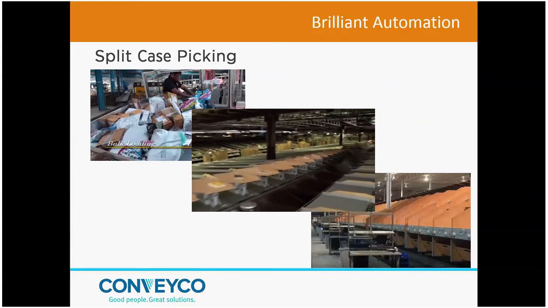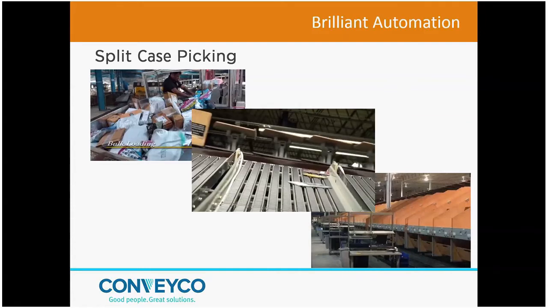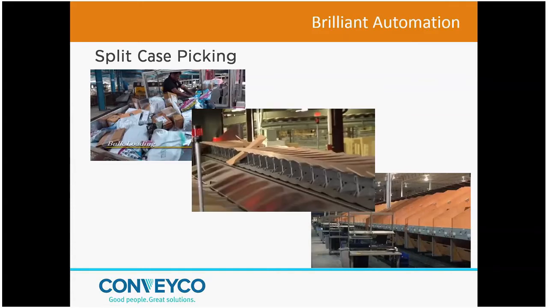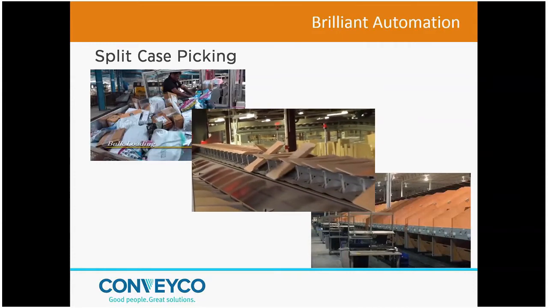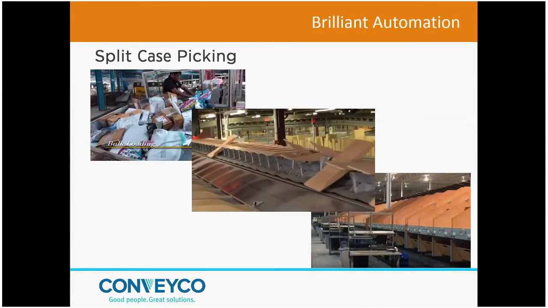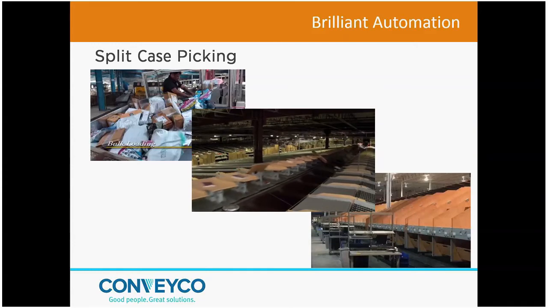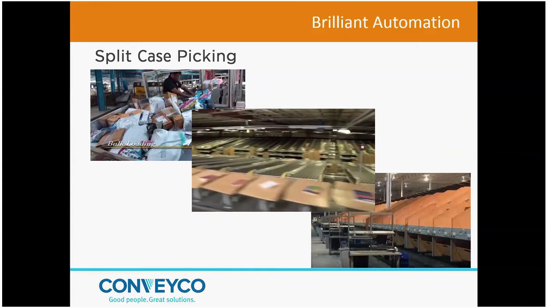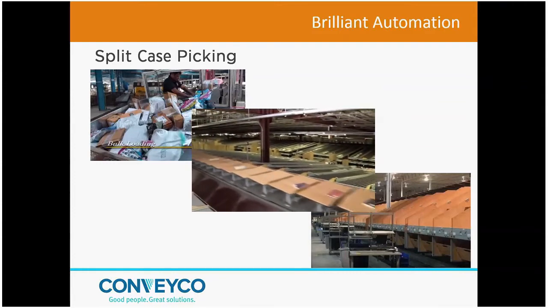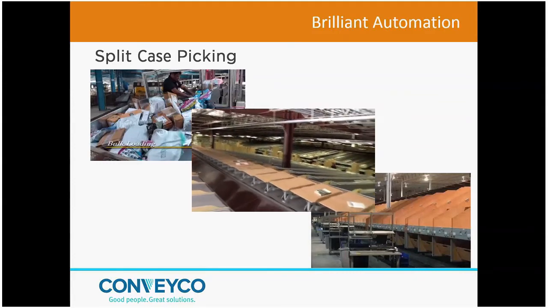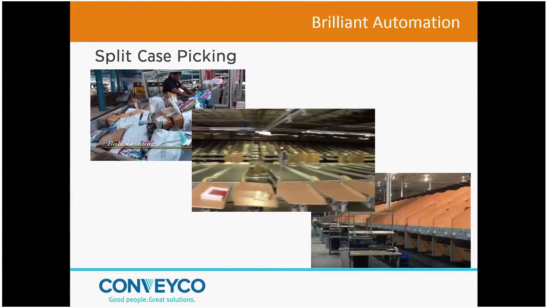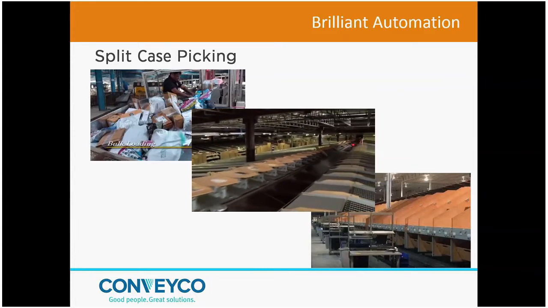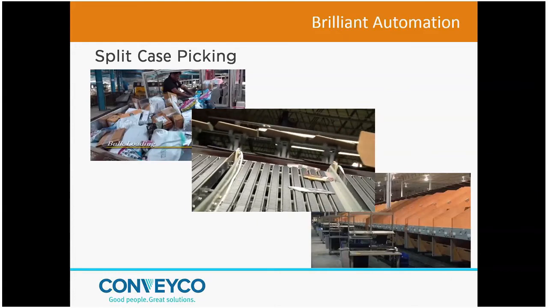Bring that bulk of product over to the sortation device and let that sort it out into the discrete orders. What that allows you to do is, rather than picking discrete orders at anywhere from 50 to 100 lines an hour, one at a time per person, allows one person to pick the units for up to 500 orders at a time.